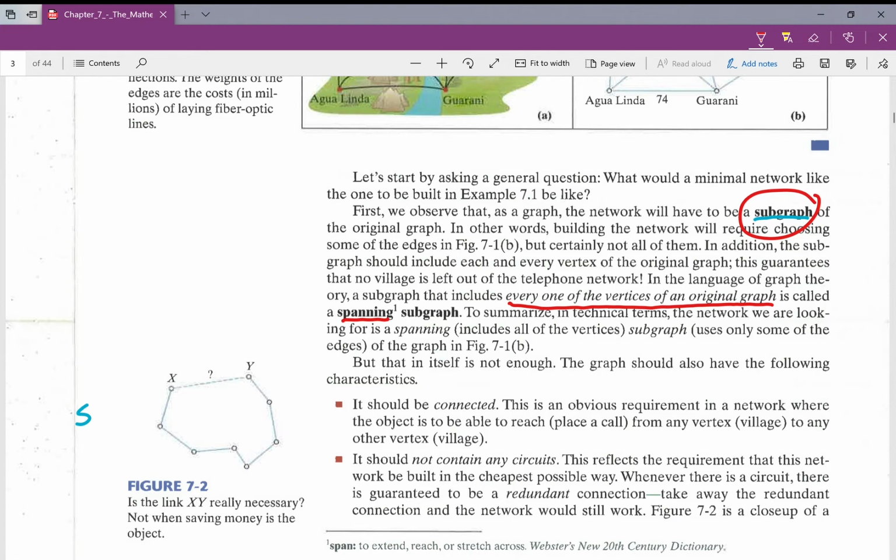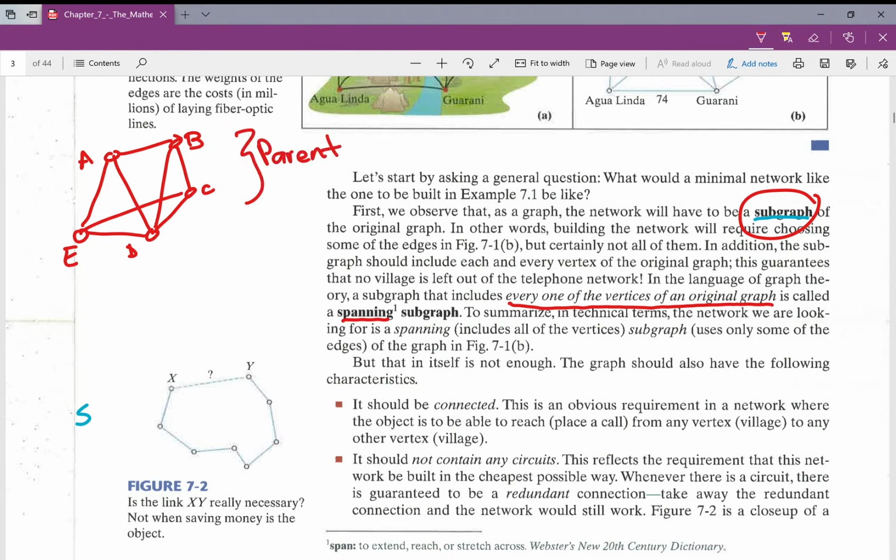So if I were to make a new example here, again, if this is our parent graph, then I can make a spanning graph as long as it includes all of the vertices. So that's a spanning subgraph. Even though I didn't draw any edges, it's still a spanning subgraph because it has all of the points.